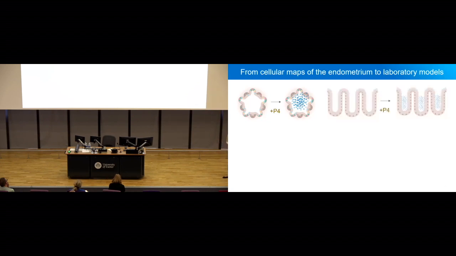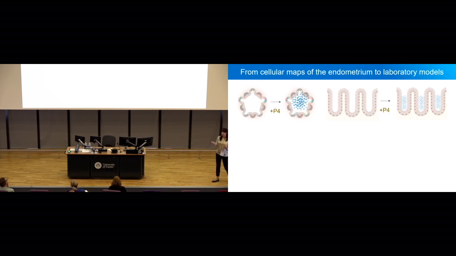However, what we are missing is the proper glandular structure that you see in the tissue. And of course, that's relevant if one wants to, for example, recapitulate anything related to implantation.